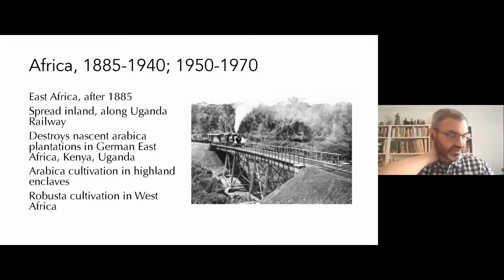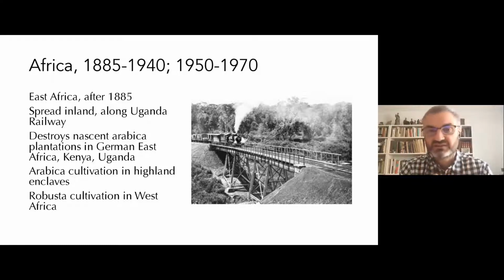After coffee rust has infected most of the Indian Ocean basin, starting in about the 1880s and 1890s, it starts to be registered in Africa. And part of what's going on there is simply, well, not simply at all, but European colonialism. After 1885, basically the European powers divide Africa amongst themselves and start to make serious efforts to colonize their colonies in Africa.